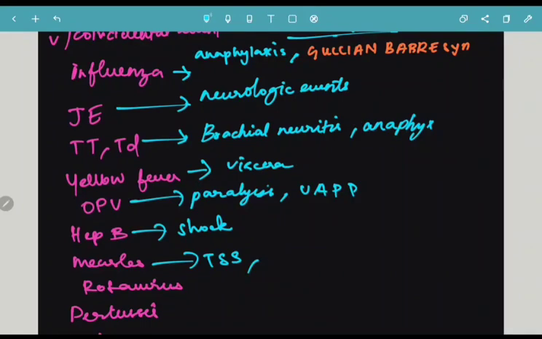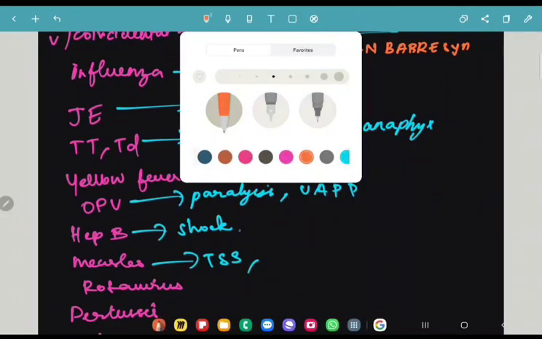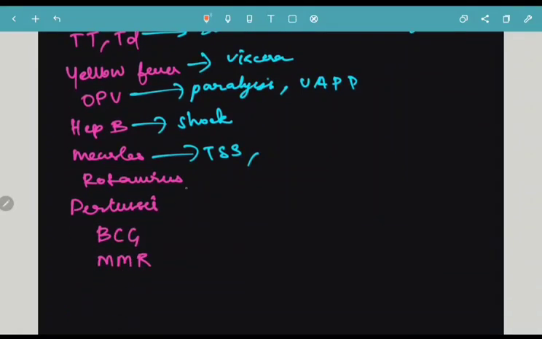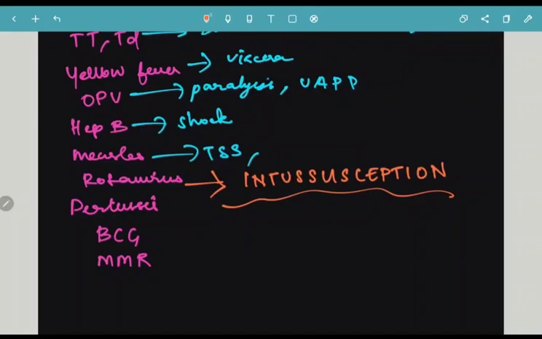Very important side effect: which vaccine causes intussusception? The answer is rotavirus. Rotavirus vaccine causes intussusception. So very important, rotavirus vaccine causes intussusception. Pertussis causes hypotensive hyporesponsive episode and persistent inconsolable crying.